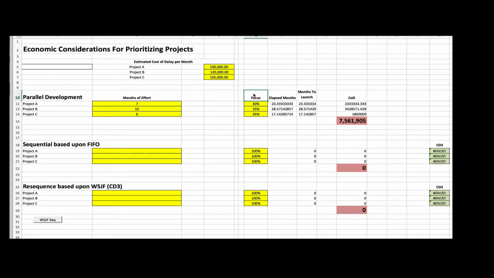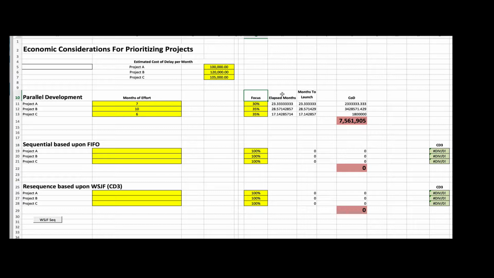Now, when we've given the estimates, we worked on this being the months of effort for a dedicated effort. And so now with this split focus, we see the elapsed months blowing out to much longer time frames. And this is so often the case. And what we can see is a simple calculation of the cost of delay shows that we have a number of about $7.5 million.